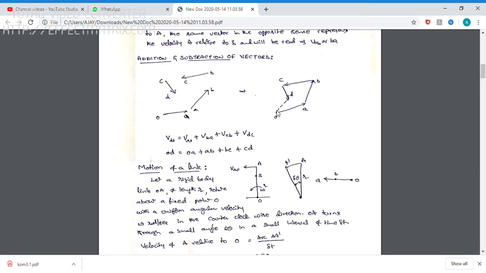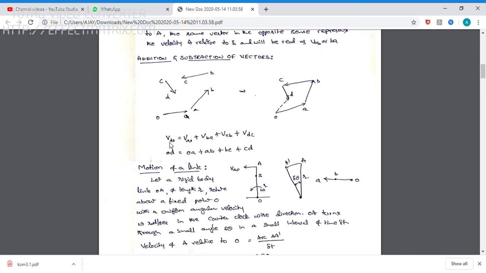Now you draw a dashed line, or with a different color, construct one line from O to D and indicate the arrowhead. Now you measure this, and this is the velocity of D relative to O. Okay, do you understand my concept here?